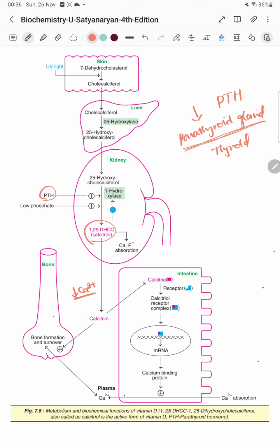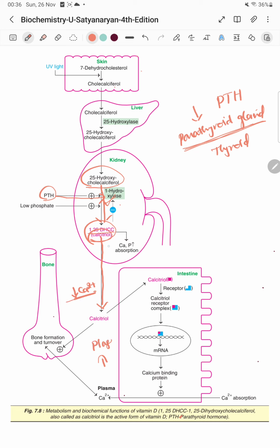This parathyroid hormone activates the enzyme 1-hydroxylase. If 1-hydroxylase is activated, immediately 25-hydroxycholecalciferol is converted to 1,25-dihydroxycholecalciferol, or calcitriol. This calcitriol comes into action and elevates the plasma calcium level.